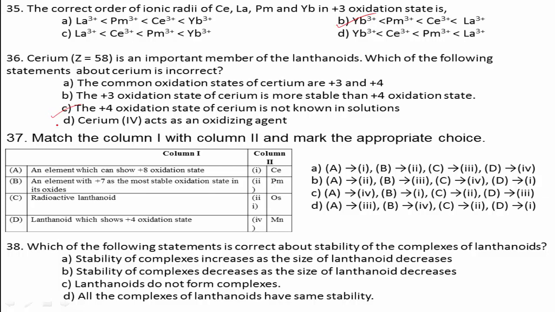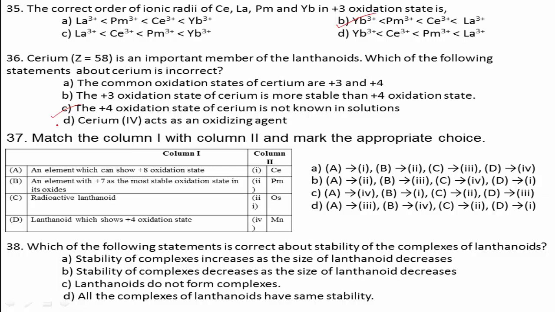Next, question number 37. Match column 1 with column 2 and mark the appropriate choice. In column 1, they have given an element which can show +8 oxidation state, an element with +7 as the most stable oxidation state in its oxides, a radioactive lanthanoid, and a lanthanoid which shows +4 oxidation state.